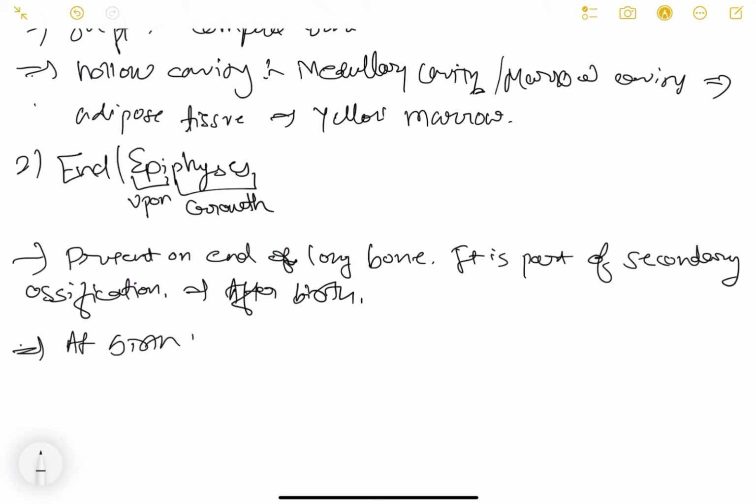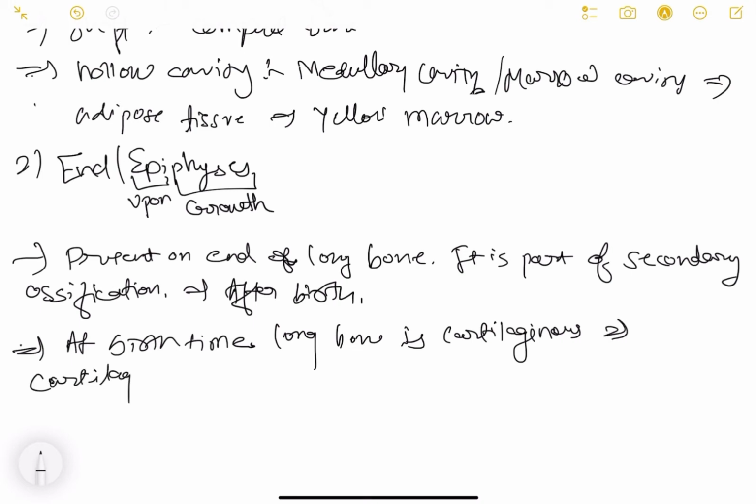At birth time, long bone is cartilaginous, that is epiphysis is cartilaginous. So it is known as cartilaginous epiphysis, and after the ossification it leads to bony epiphysis.